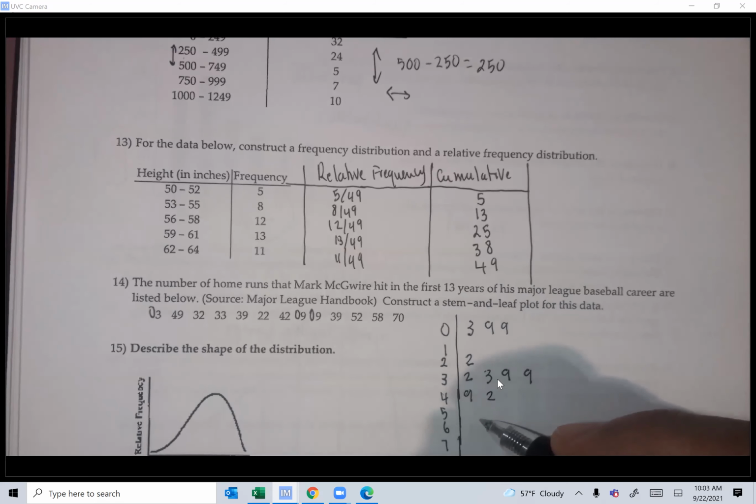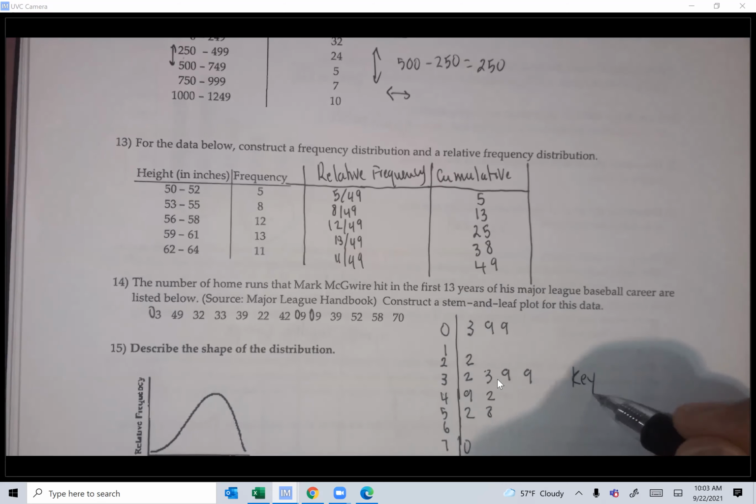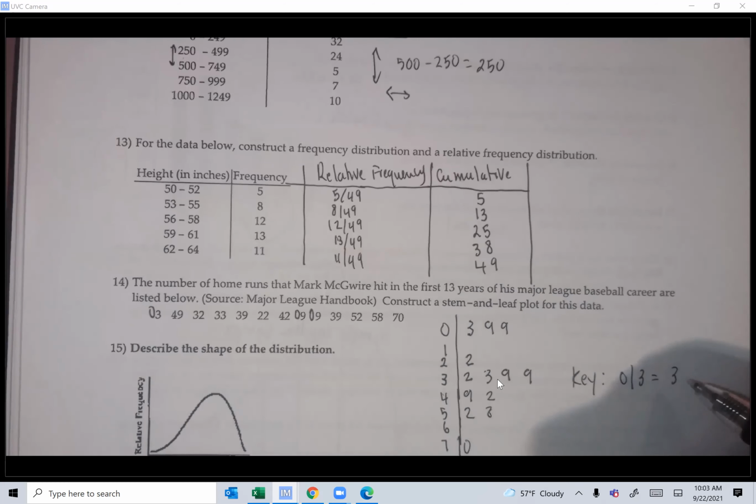For 5, you have what, guys? 52, 58, 60, I don't have anything, and 70, I have a 0. And then you put a key here, 0, 3 means a 3. That is the stem and leaf plot.